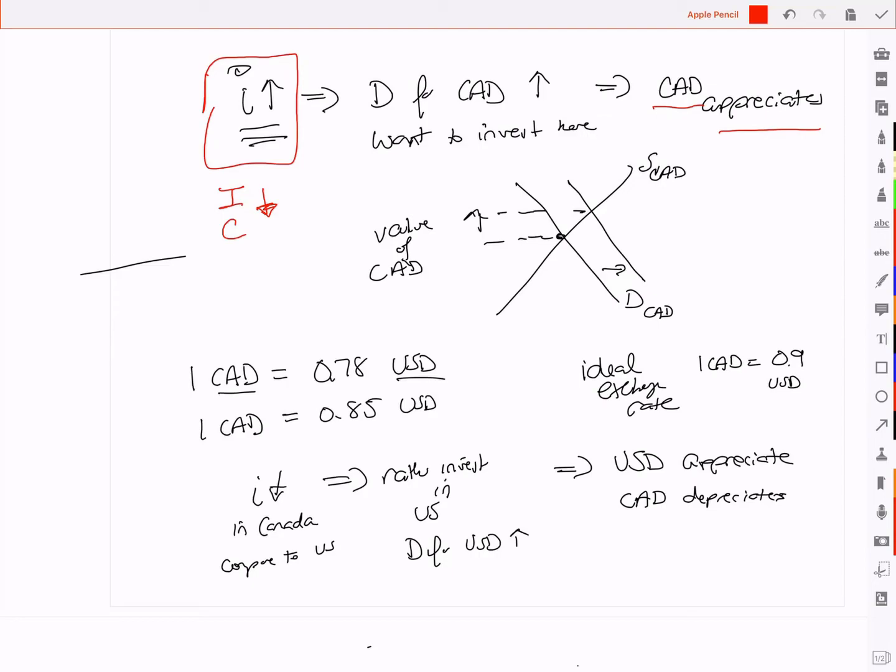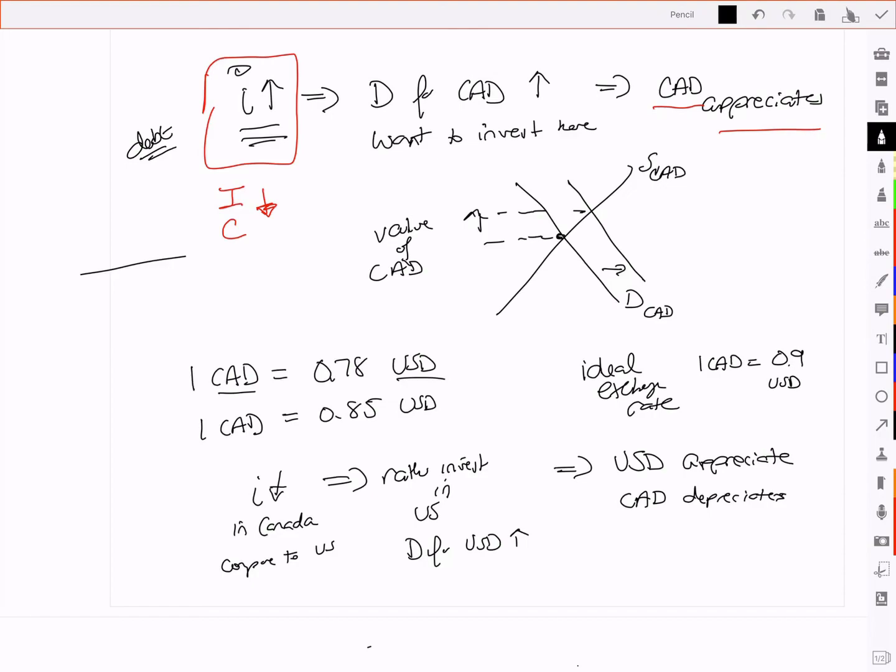Now, as we look at interest rates as well, we have to be cognizant that the other thing that impacts interest rates, besides the Bank of Canada changing those rates, is our level of debt. Because what if our country has lots of debt? Well, how do you finance that? How do you do deficit spending if you already have lots of debt?